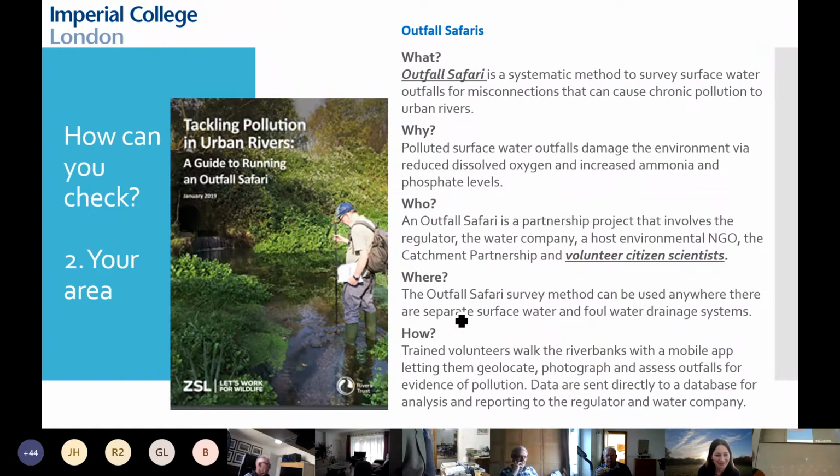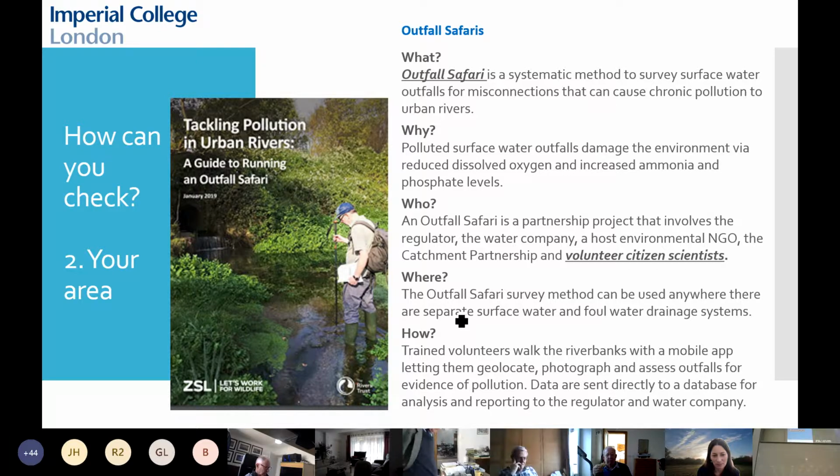More citizen science. If you want to do it on a bigger scale, again, there are ways of tackling it on a larger scale. We've already established that what really matters here in terms of polluting the environment is surface water outfalls, which are flowing into the rivers and exterior water, but which actually are containing sewage.